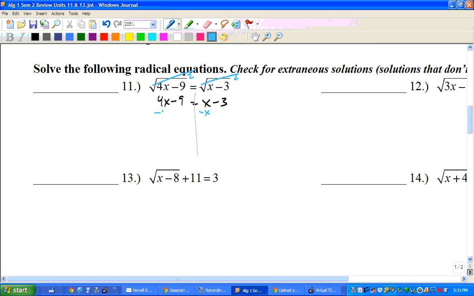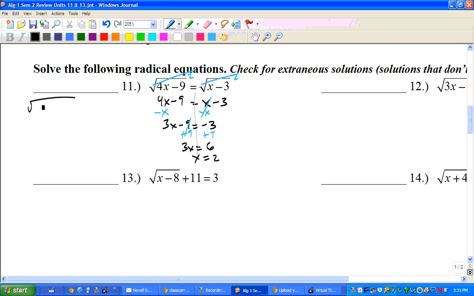Okay, we want to get your x to one side. And we get 3x minus 9 equals negative 3. We're going to add the 9. 3x equals 6. And when you divide by 3, we get x equals 2.